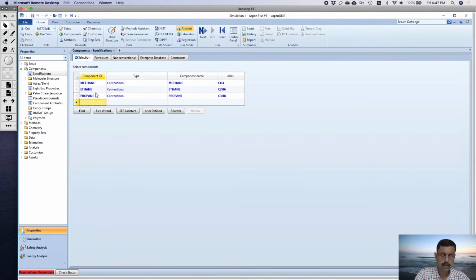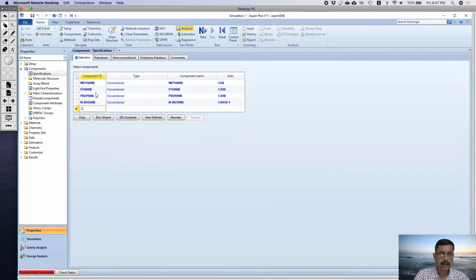Methane it will understand, ethane it will understand, propane also it will understand, N-butane, very common, but cyclohexane it may not, because it has a very limited number of characters, only 7 letters are available for defining your component ID. So cyclohexane it may not understand what it is. If you write cyclohex, it may not understand.